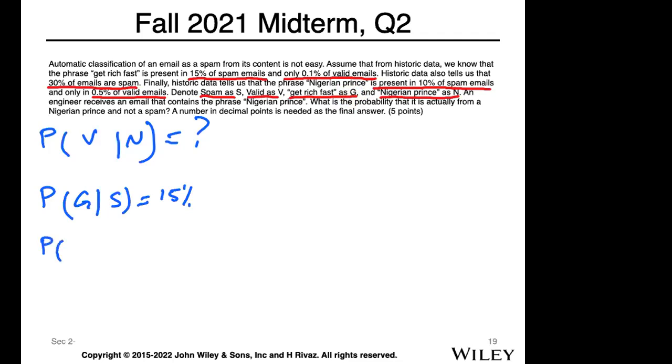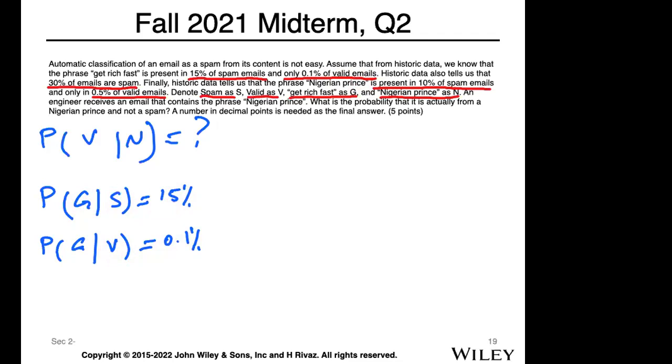And the probability of G given S prime, which the question calls V, is 0.1%. So the probability of get rich fast in spam emails is 15%, and in valid emails is 0.1%.